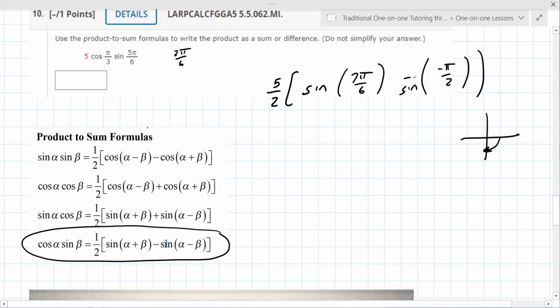And then with that, it makes it just +1. Okay. Then 7 pi over 6 is -1/2, I believe. So 5 over 4, maybe.